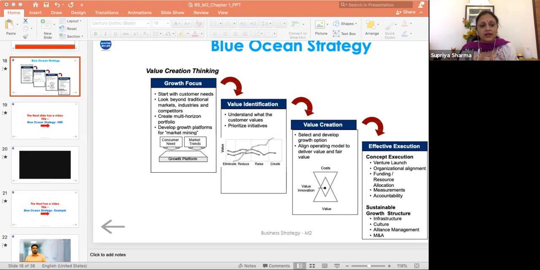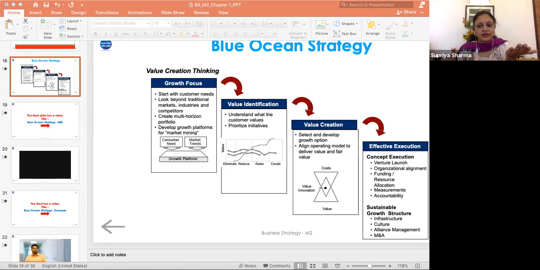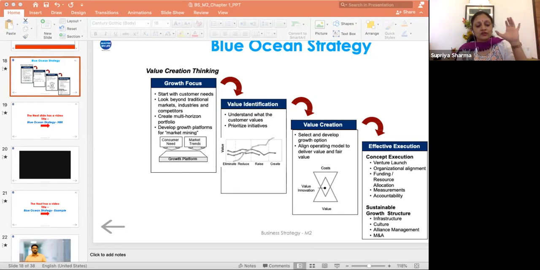Buyer value is generally lifted by raising and creating elements in the industry which has never been offered. So if you take your Uber example, there were elements which were created in the model where the buyer value got lifted. And it was never offered before in the industry.